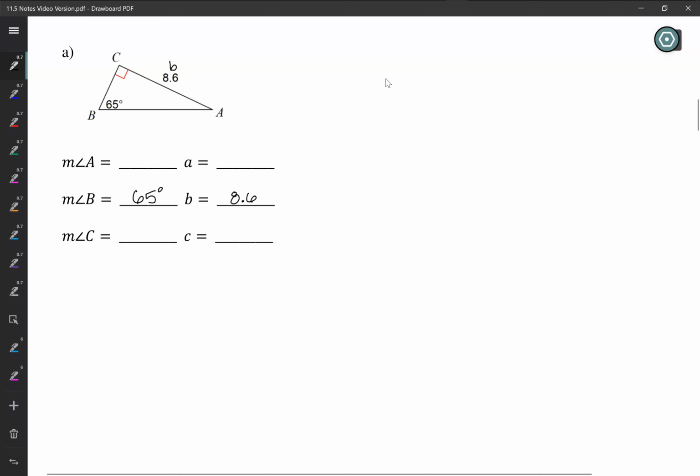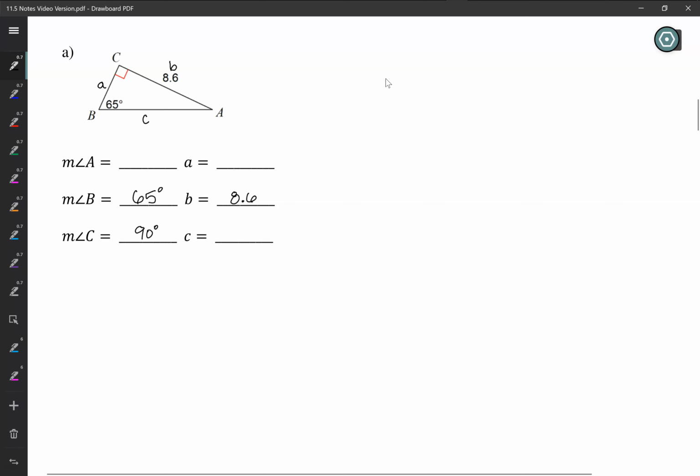And the measure of angle C, that's a right angle, so that's 90 degrees. Now we also want to label the parts that we don't know. We need to label those sides with letters. So across from the right angle is side C. And across from angle A is side A, little a.